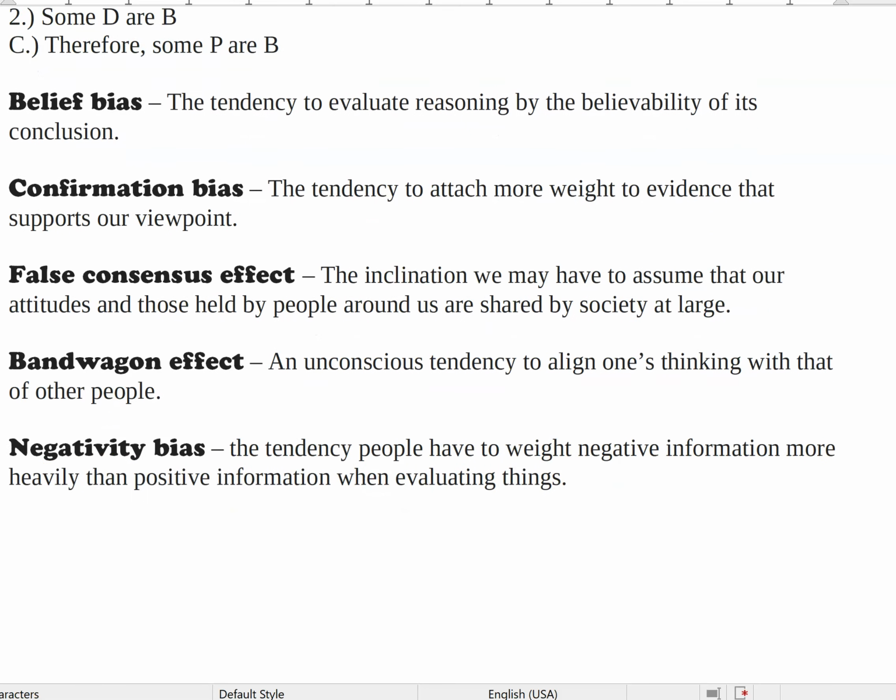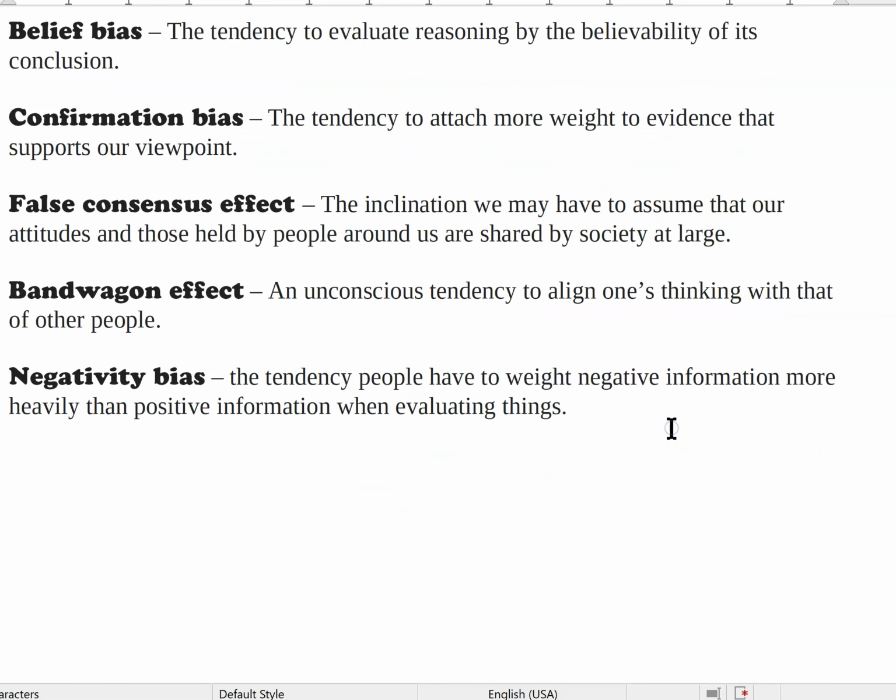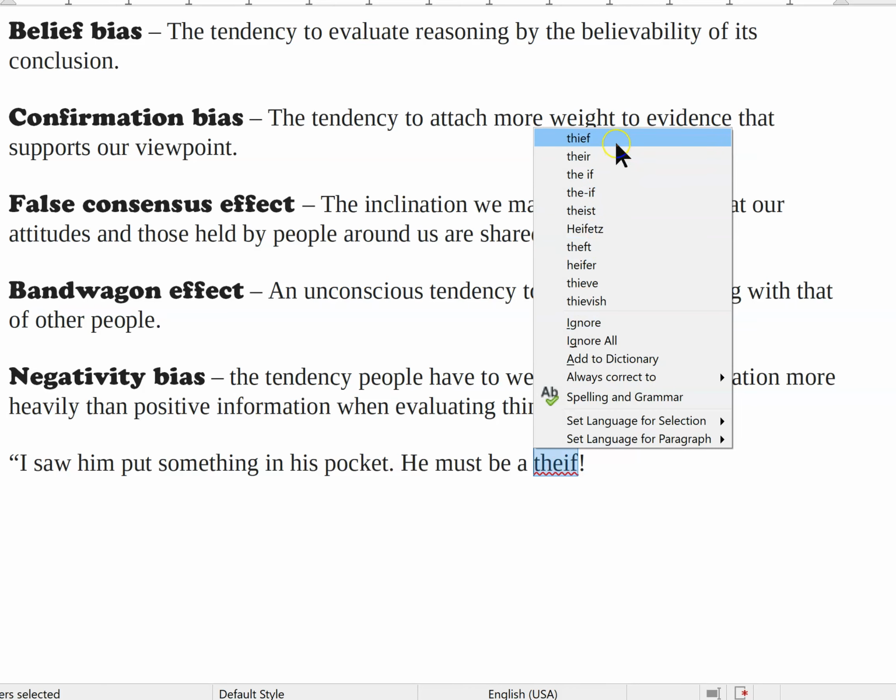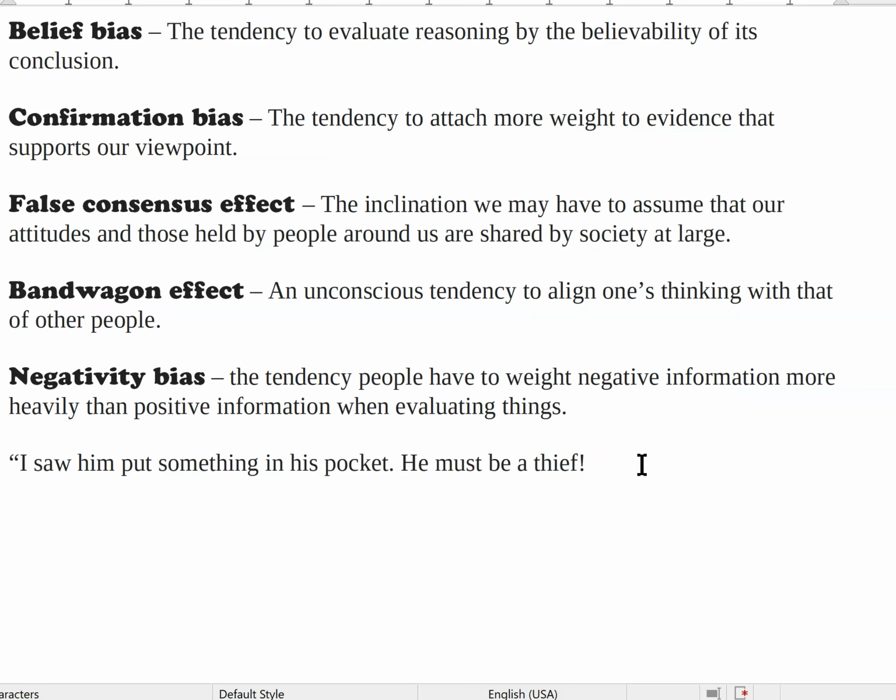What does this mean? Well, let's say, we can use the same example of... Oh, happens to the best of us.